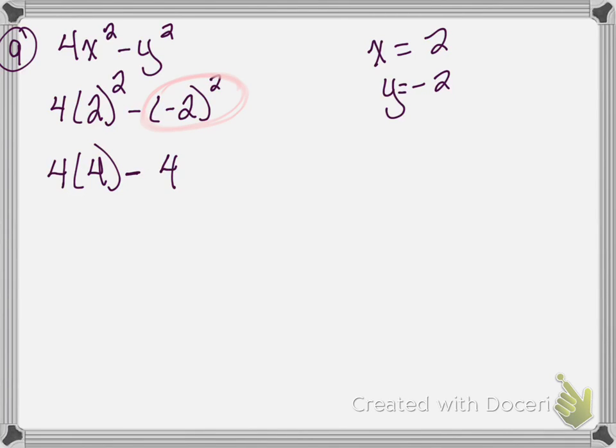Once I deal with that -2 squared, I no longer have a double negative that I need to deal with. Okay? So now I have 16 minus 4, which is 12. If you had trouble with this one, it was probably because you dealt with that double negative too soon.